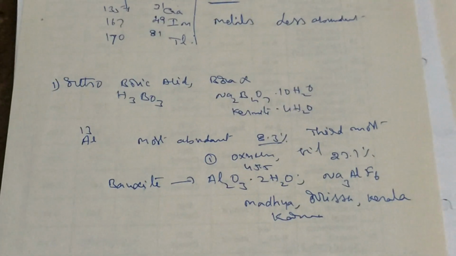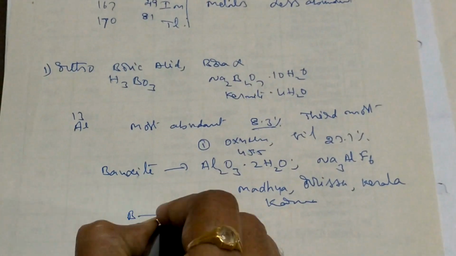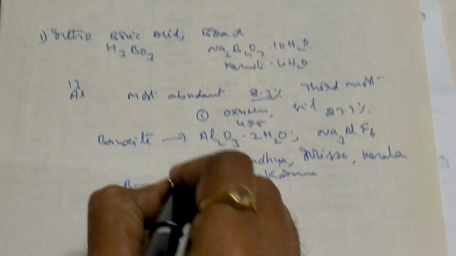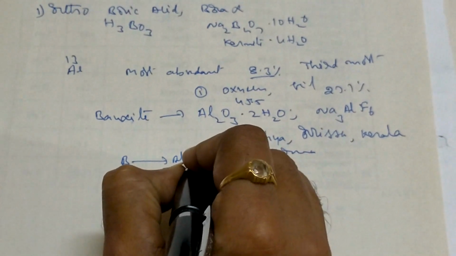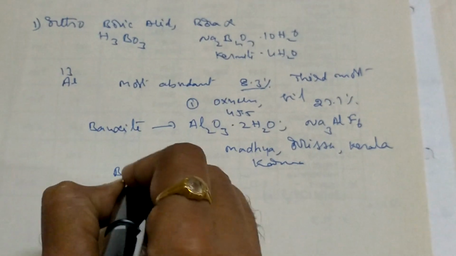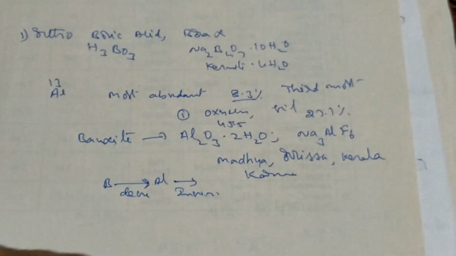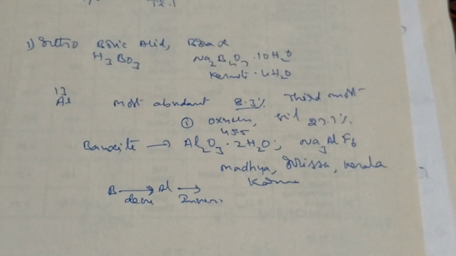Electronegativity also decreases from boron to aluminum, then from aluminum onwards it increases again. It decreases and increases, small differences.